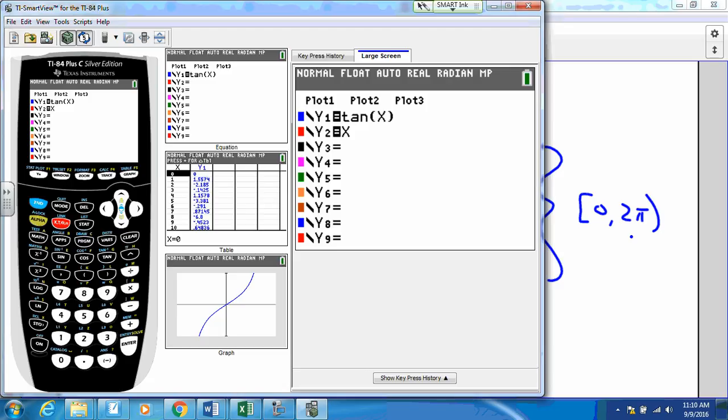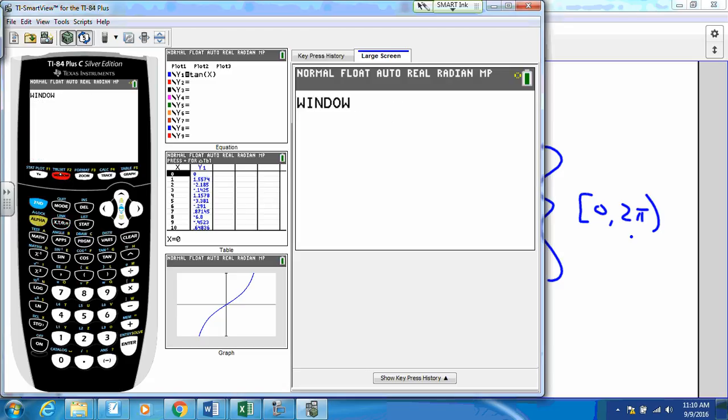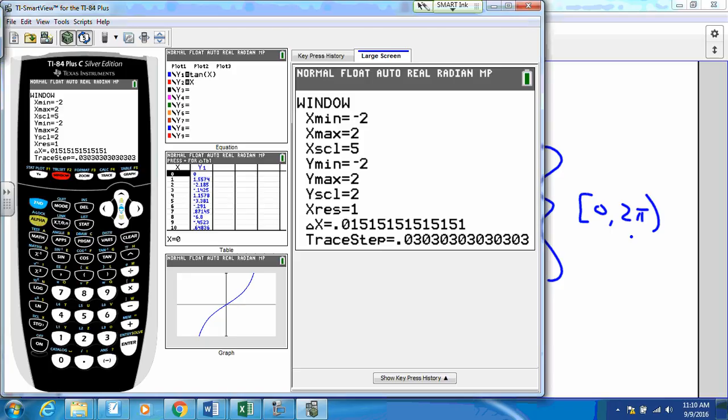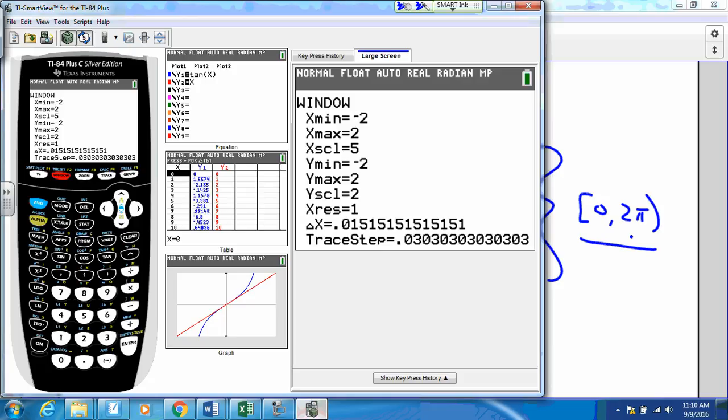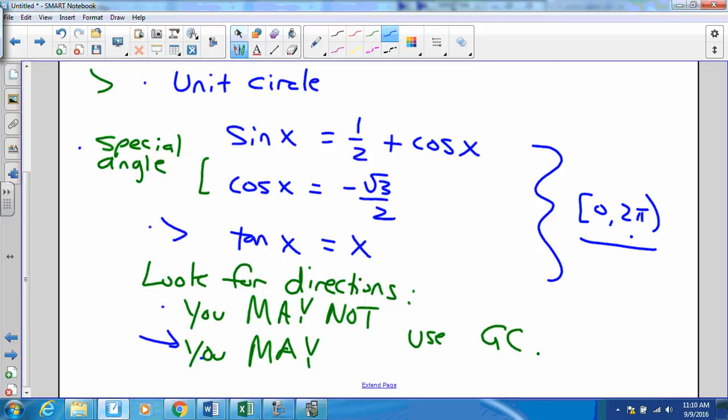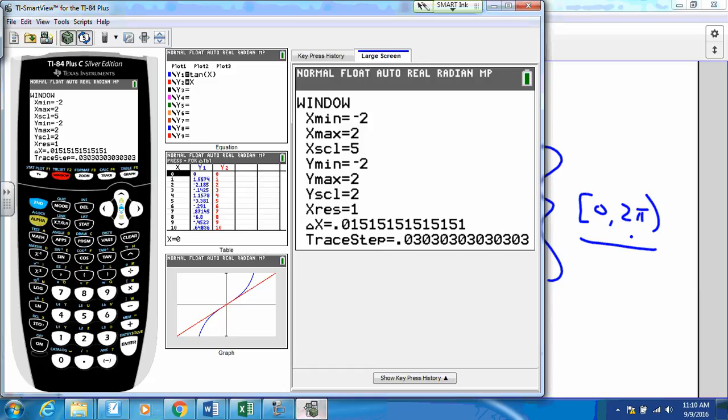And now I need to make sure that my window size is correct here. The domain of the problem is 0 to 2 pi, so my window size needs to also be 0 to 2 pi. Otherwise, I will find extraneous answers, or fail to find answers, that I need to find. So I'm going to hit 0 to 2 pi. Notice your calculator has a nice, lovely pi button right there, but then it converts it to a decimal.